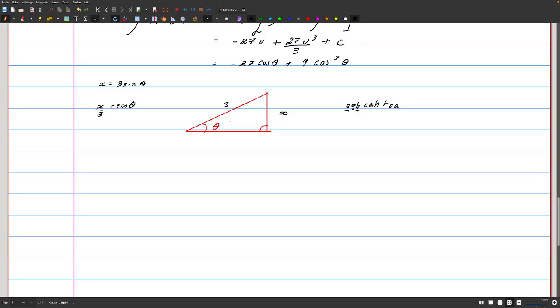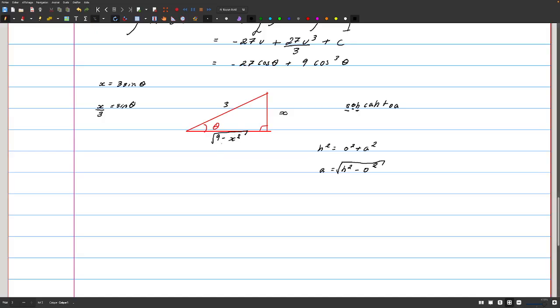And with Pythagoras, we can know that hypotenuse squared is equal to the opposing side squared plus the adjacent side squared, meaning that the adjacent side is equal to the root of the hypotenuse squared minus the opposing side squared, meaning that the adjacent side here is equal to the root of 9, so 3 squared, minus x squared, like that.